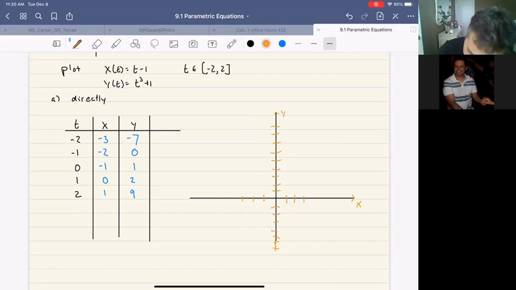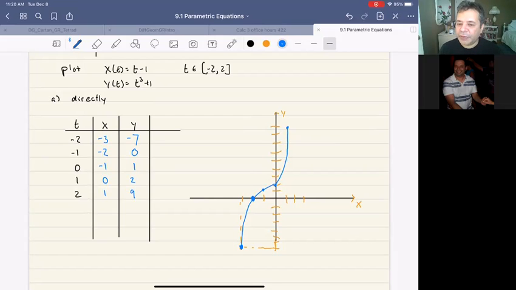So -3, -7 is my first spot. -2, 0 is my second spot. -1, 1 is my third spot. 0, 2 is next, and 1, 9 is next. So that's going to look like so.